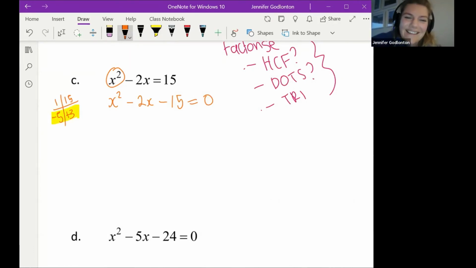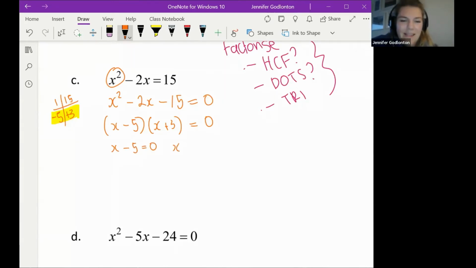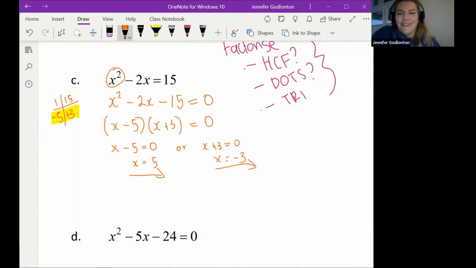So it's going to be x minus 5 and x plus 3, equals 0. And then we say x minus 5 equals 0, and then x will equal positive 5. And then the other side will be x plus 3 equals 0, and then x will equal negative 3. Nice job. Beautiful. Well done. Lovely, Tiana. Nice job.